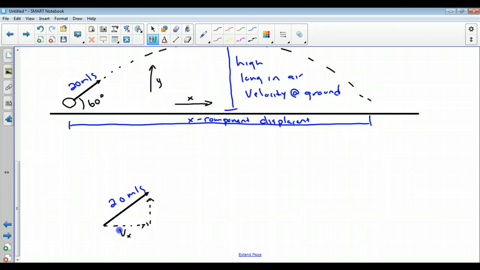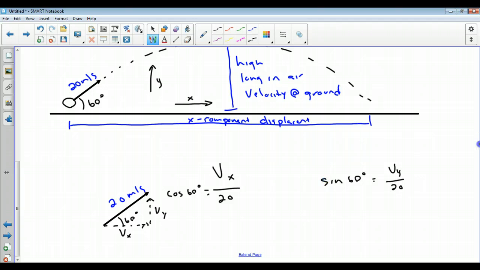So Vx here and Vy here, right? So if this is angle 60 degrees here, Vx divided by 20 is equal to the cosine of 60 degrees, and the sine of 60 degrees is equal to Vy over 20.